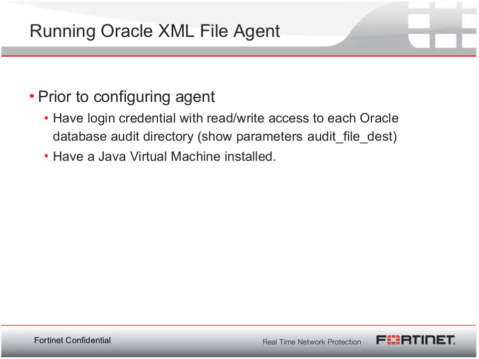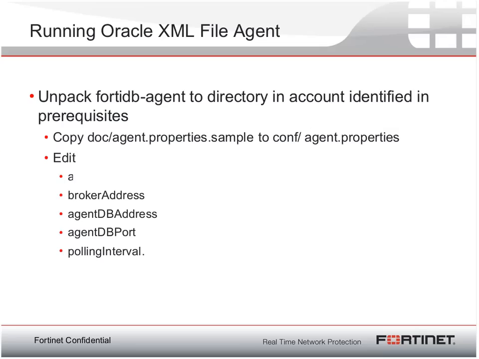Prior to actually configuring the agent, you first need to ensure that the account you're going to use has access to that audit file destination parameter, and also you have to have Java installed. Once you have these two prerequisites, you can unpack the agent to a directory in an account identified within those prerequisites, and then you make a config by copying the sample config into the config directory, and as a minimum you change these 5 settings.